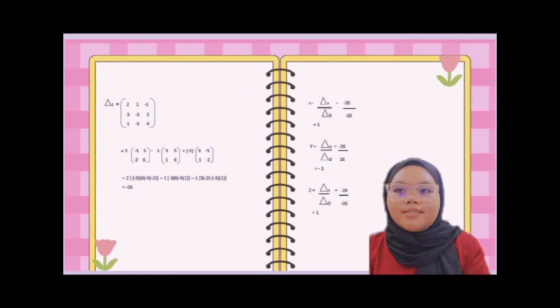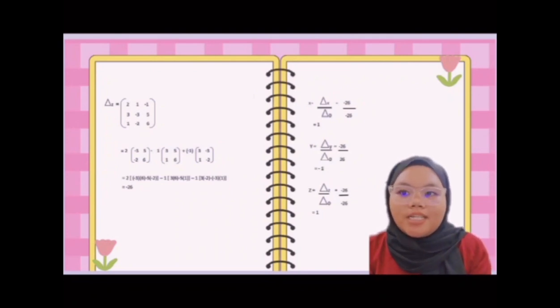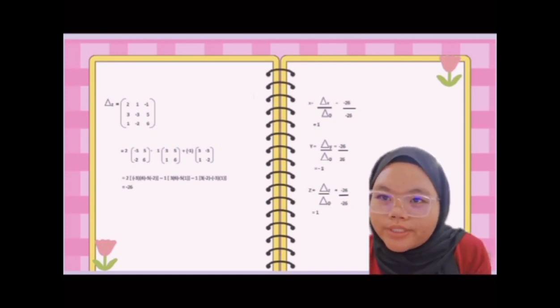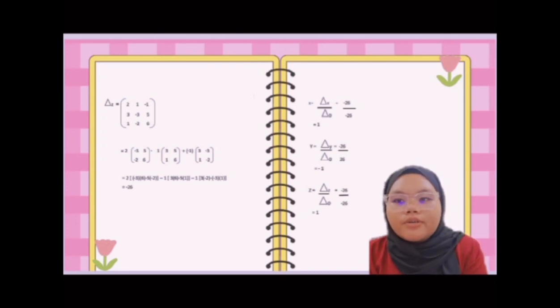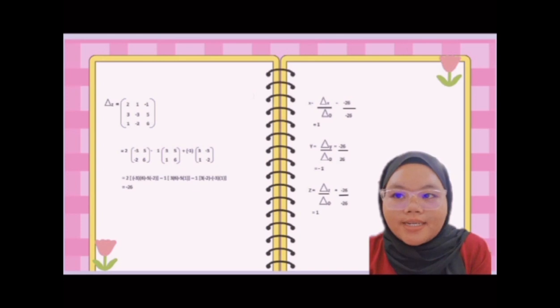For the last delta, which is delta z, we replace the third column with the answer, and then we proceed to do the brackets, the cross multiplication, and sum up the total. So we get the answer, which is negative 26.